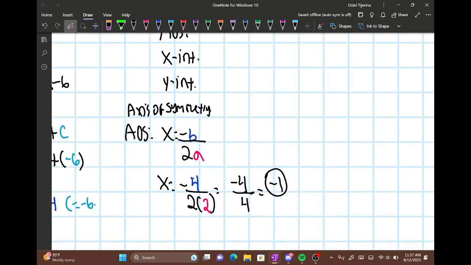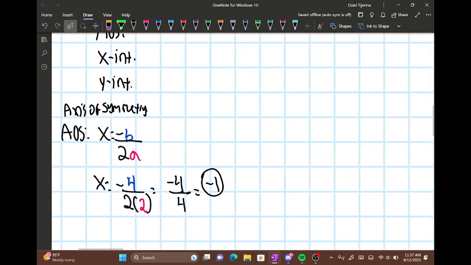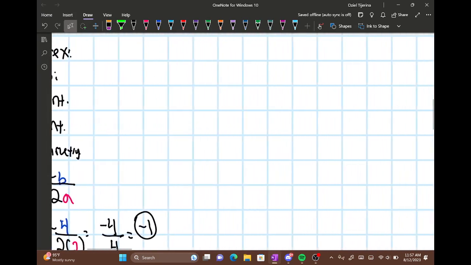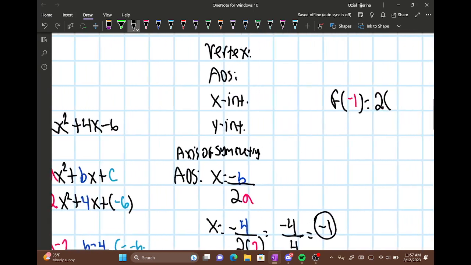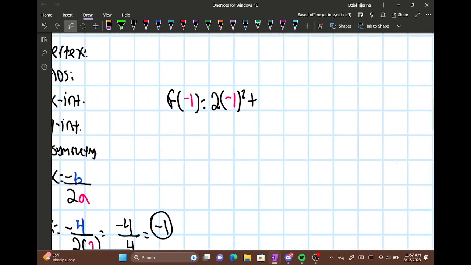Now that I've found my axis of symmetry, I'm going to plug that back into the function to find my y term. So f of negative 1 is equal to 2 times negative 1 quantity squared, plus 4 times negative 1, minus 6.